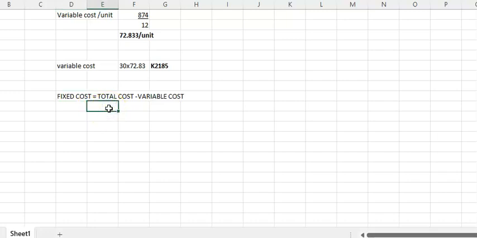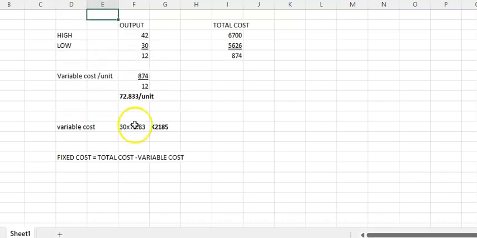So the total cost, you get this one. Since you used the 30 to calculate the variable cost, the total cost you use should correspond with the activity level you used to calculate the variable cost. Okay, don't make the mistake on that one.